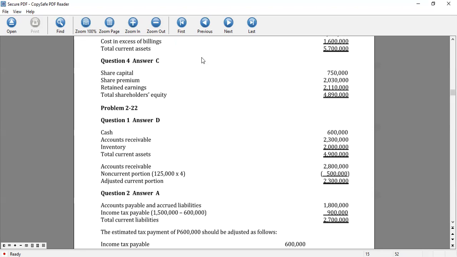So, cash, 600,000, accounts receivable initially at 2,800,000, but the accounts receivable included 1 million due from customer and payable in quarterly installments of 125,000.